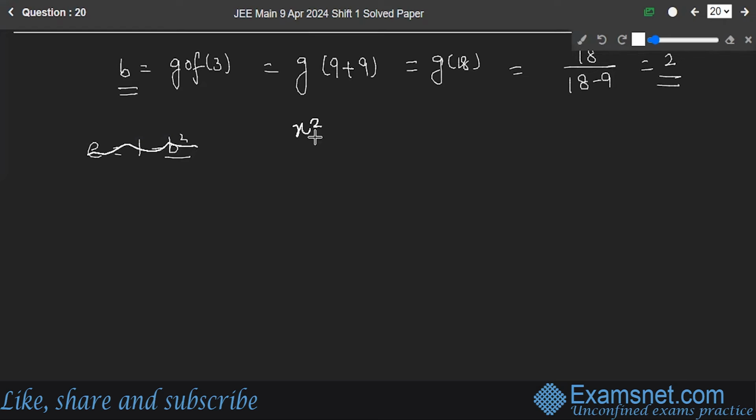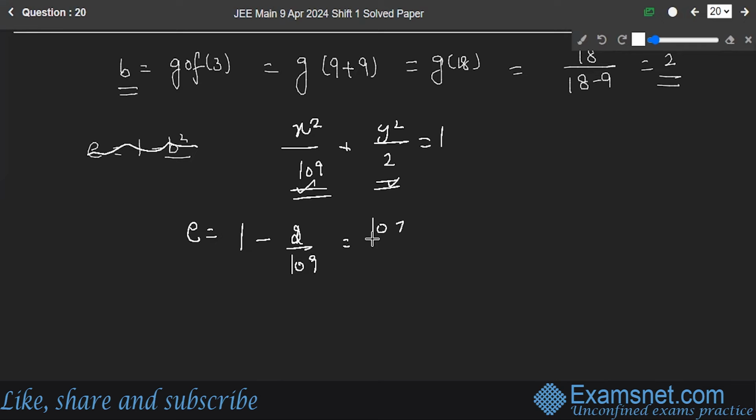So the equation of the hyperbola is x square upon a, that is equal to 109, minus y square upon b, so this is the equation of the hyperbola. Eccentricity is given by 1 plus 2 upon 109. That gives you 107 upon 109. This is the value for the eccentricity.